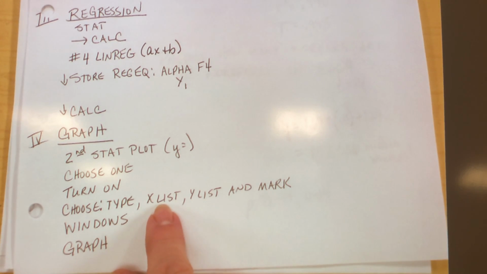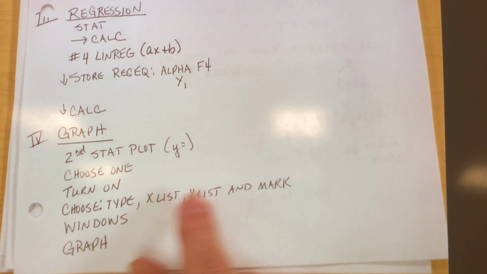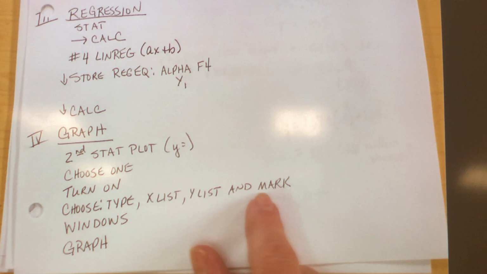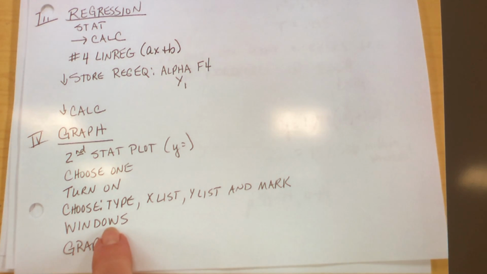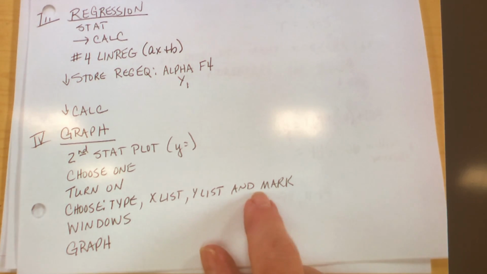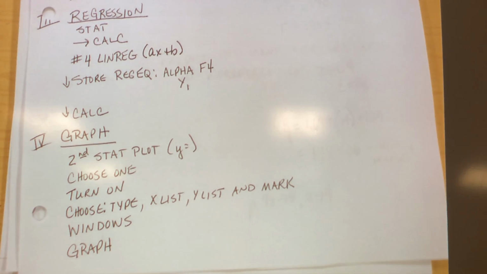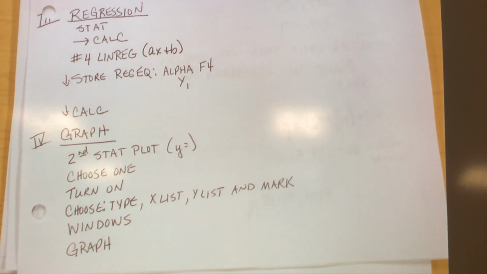You're gonna choose where you put your X's and your Y's, and you're gonna choose what kind of mark you wanna make on your graph. Then you're gonna go directly to Windows. The mistake kids make is after they choose all this, they just go graph, and then they go, oh, Miss Davis, my calculator's broken. It's not showing my graph. Like, cause you're not looking at the right place. So you're gonna go to Windows and put in your appropriate windows, and then you can graph it and look at it.